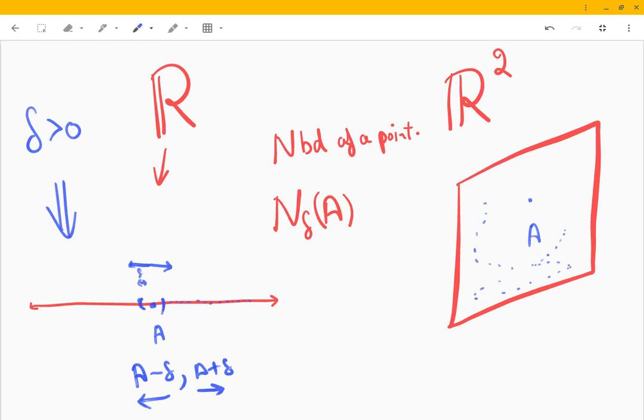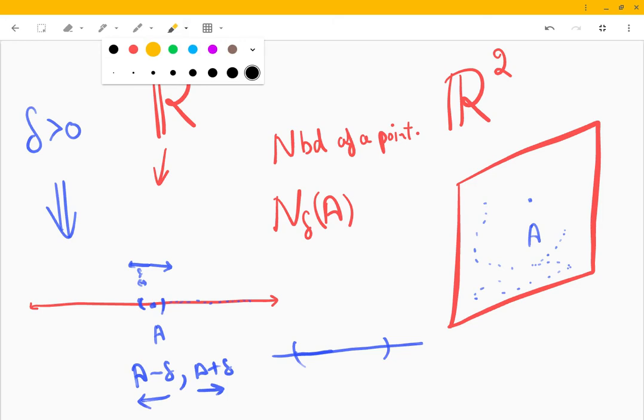Okay, so an interval on a real line contains all the points lying on this. Like this is an open interval, we'll discuss it. So it contains all the points except the points that are on the extremes. Okay, so all the points inside this except the points on the extreme, except these ones.